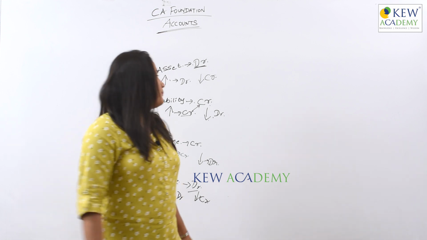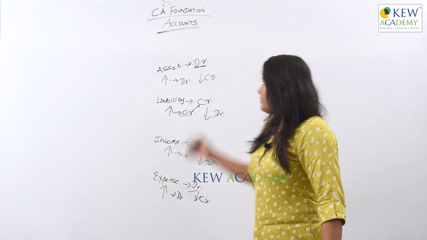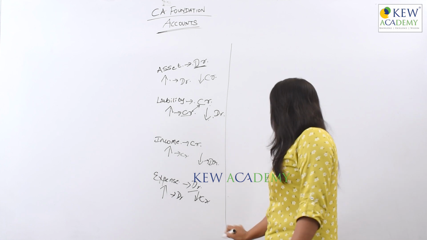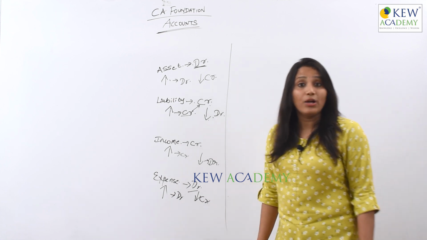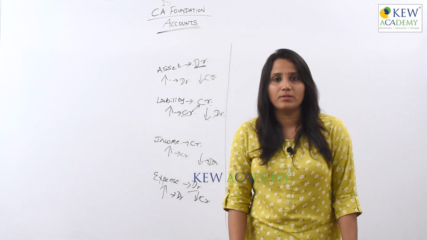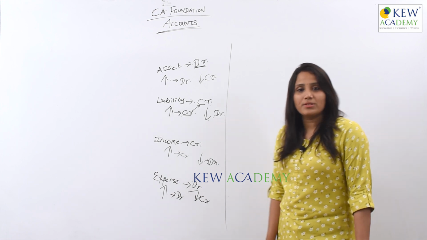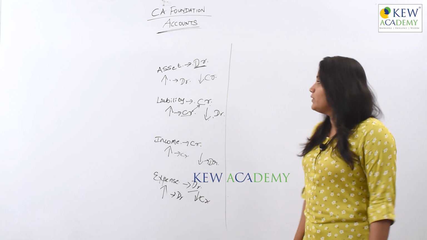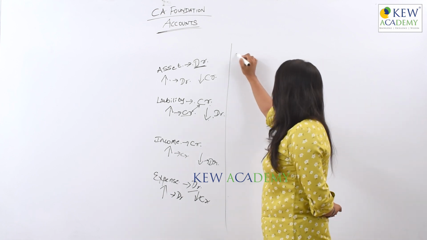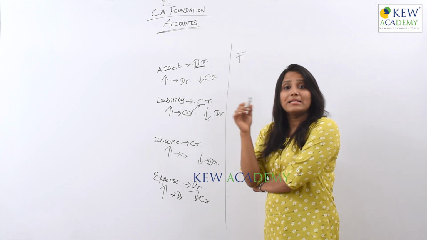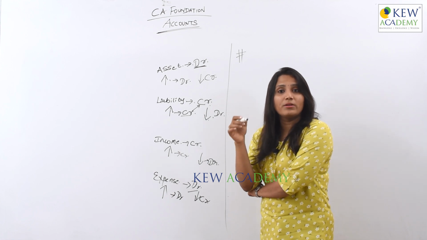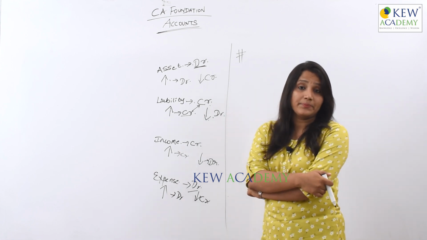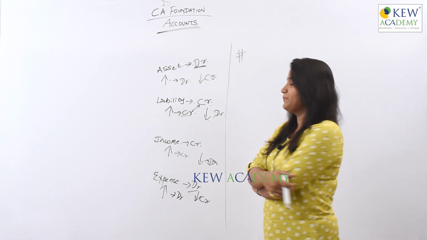Let's proceed further. Now everyone, you tell me, I'll sell the goods. I'll do sale of goods. If I sell the goods, tell me what is the journal entry I'm going to pass? Everyone, you tell me the journal entry for sale of goods. Answer?